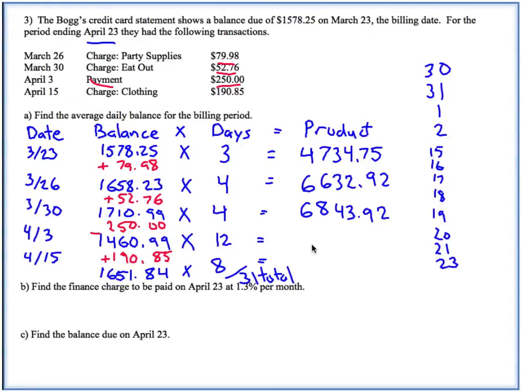On April 3rd, we get $17,531.88. And then for our last one, we get $13,214.72. Okay, so just multiply all those in your calculator, and you're going to get your products.